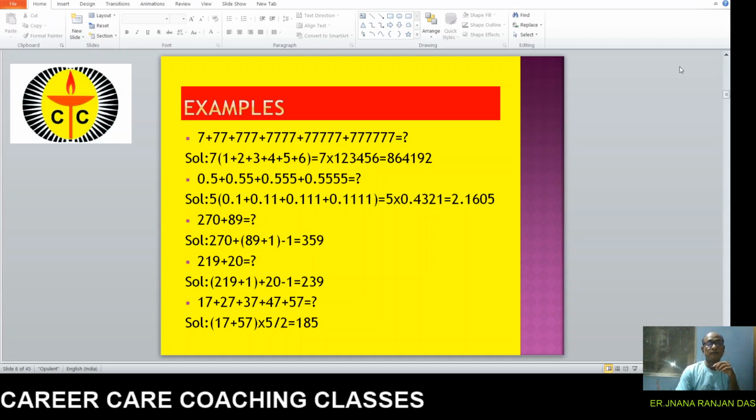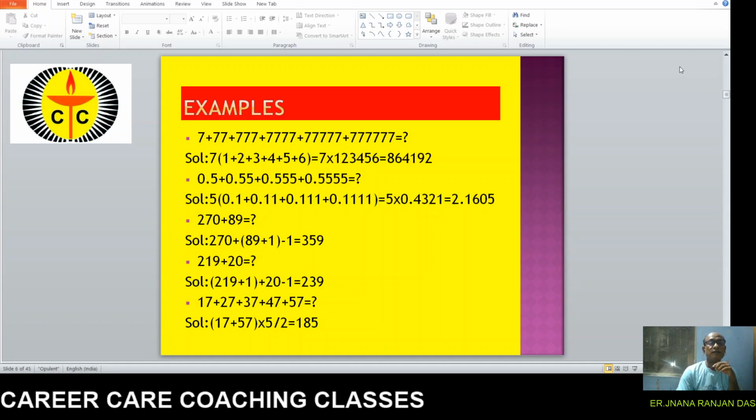Let us take some examples to explain the types of short tricks we have mentioned beforehand.